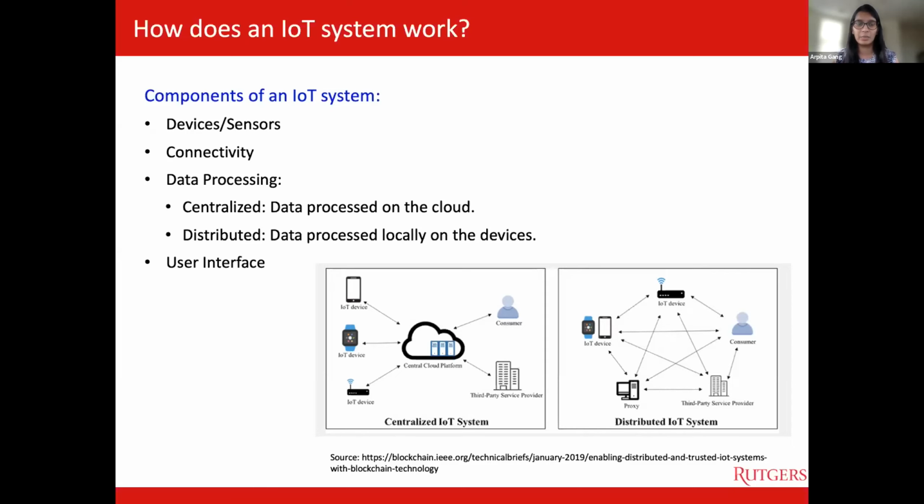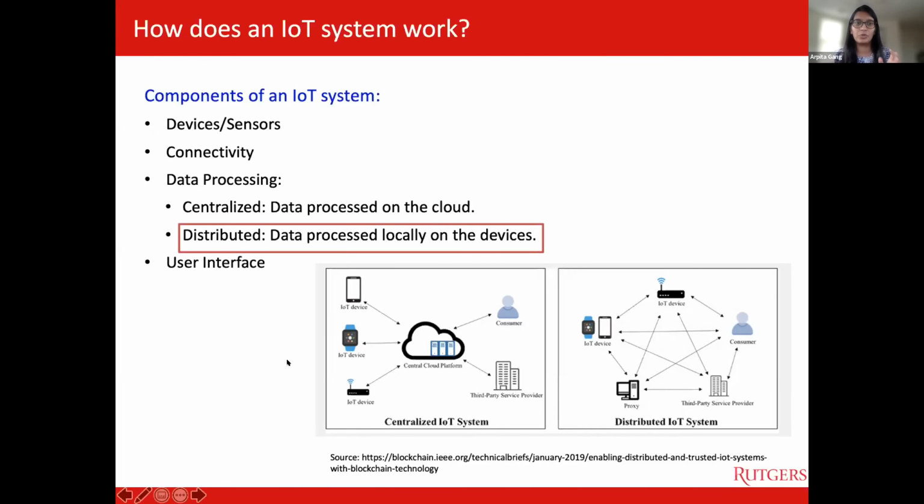This data processing is usually done in one of two ways. Either it's centralized, which means all the devices are connected to a central cloud, or it's distributed, which means that there's no central cloud or server, and the devices are connected with each other, communicate with each other, and data is processed locally. And then there's the user interface, which is usually like our phones or our smartwatches, through which we see the information and stuff.